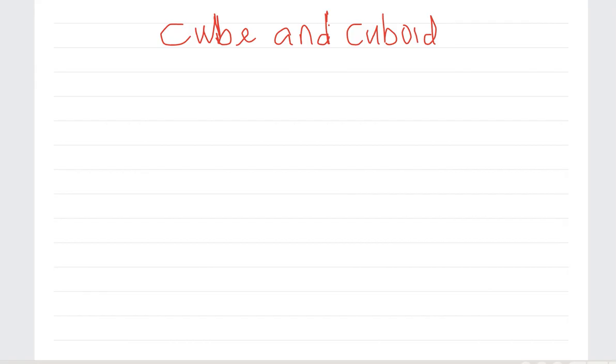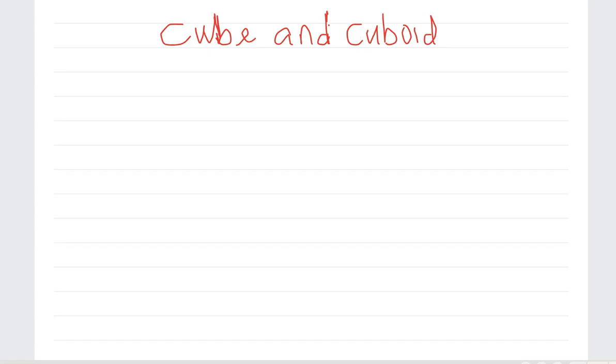In today's class we are going to be focusing on the cube and the cuboid. In the last class we discussed their properties, and we looked at a few properties of the cube, the cuboid and other solid shapes.